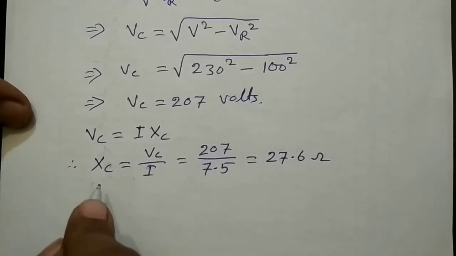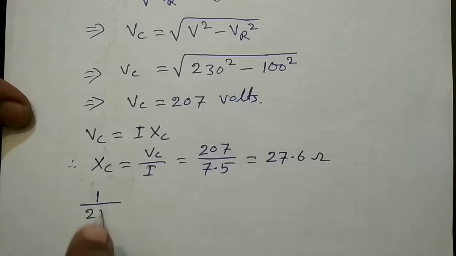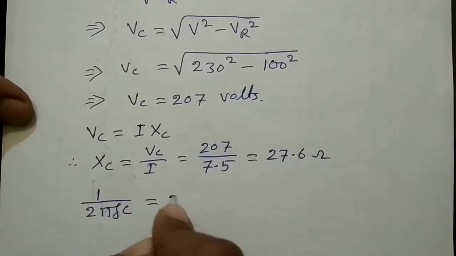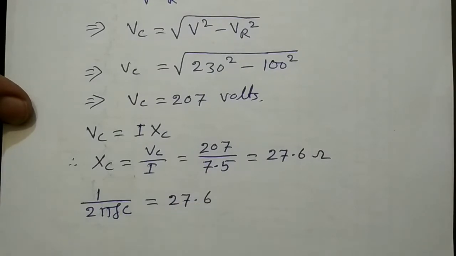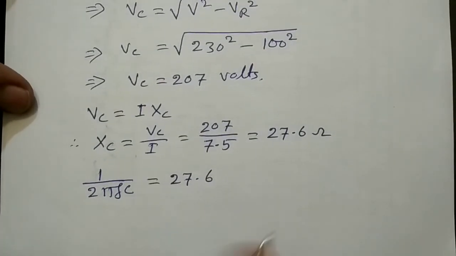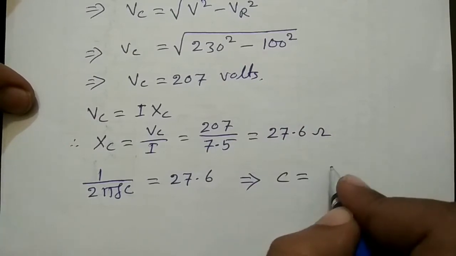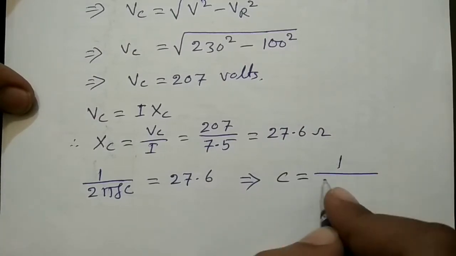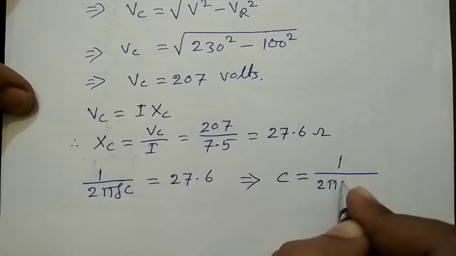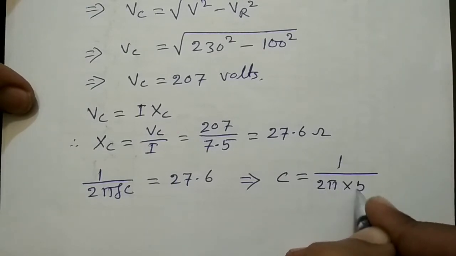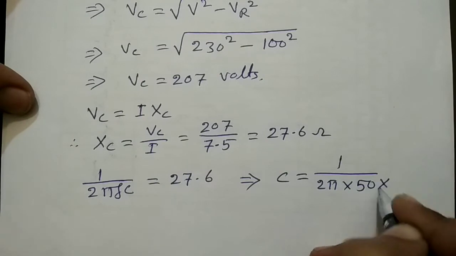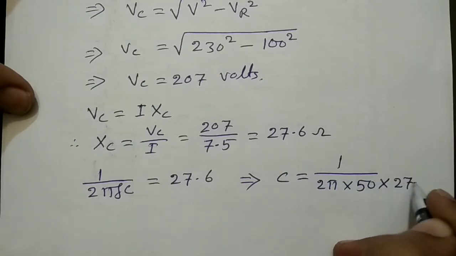Now the value of Xc can be written as 1 upon 2 pi Fc. This is equal to 27.6. Therefore, C can be written as 1 upon 2 pi into F, that is 50 given in the question, and 27.6.